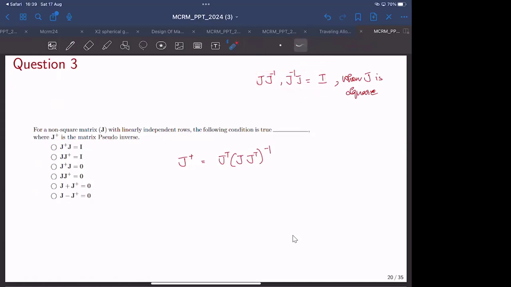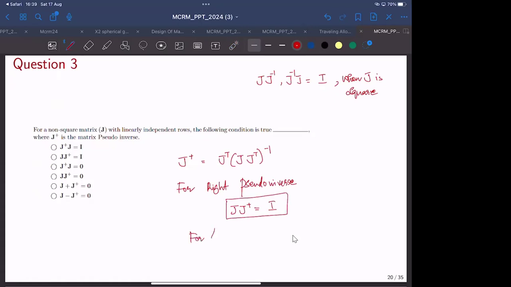And the correct answer in this case would be, for the right pseudo inverse, J J pseudo inverse, only this would be I. And for the left pseudo inverse, the correct condition would be J pseudo inverse J. This will be the identity matrix.